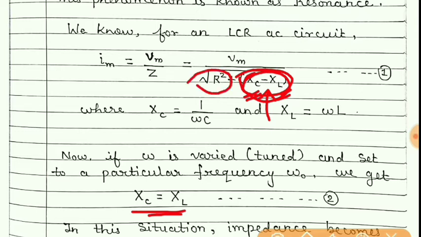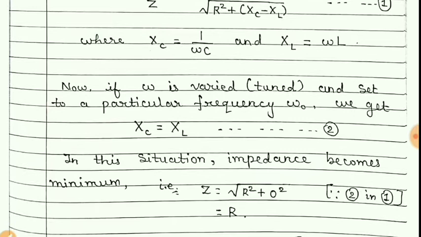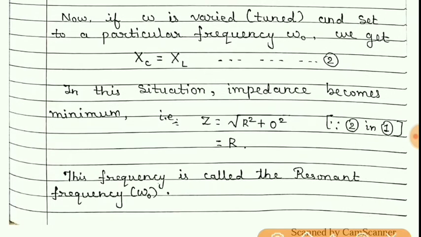Root of R square in the denominator, but root of R square is R. So this Im will become Vm upon R. So now students, as I said, Z will become equal to R because the term omega C minus omega L will become 0. So this impedance is equal to that of the resistor, or the resistance.